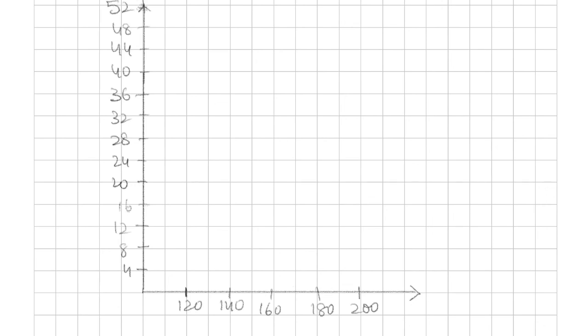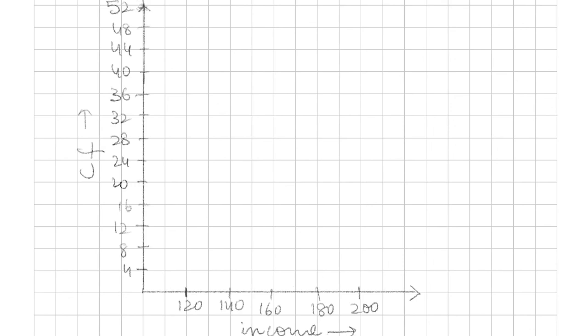So this is the cumulative frequency, and here we have the class intervals. So we are representing the income this way and the frequency this way.